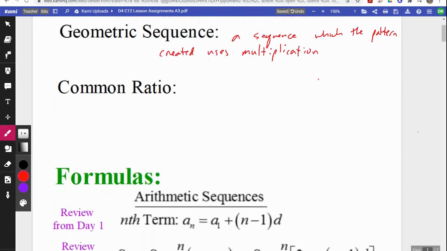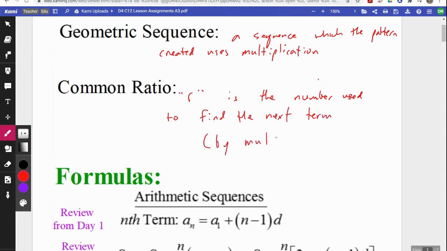The common ratio r is the number used to find the next term. And it's by multiplying. You multiply it.